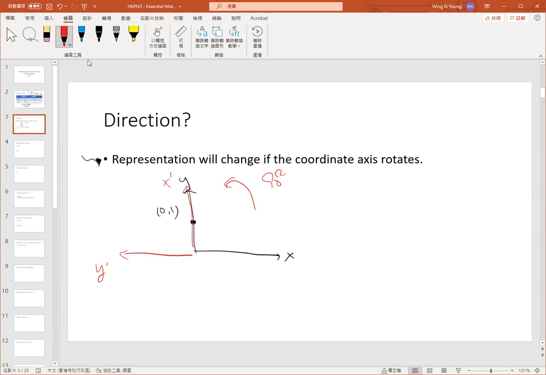So in the red coordinate system, the point is no longer 0, 1. The point will become 1, 0, is it? Because the point lies on the new x-axis. And then you can see the representation of the quantity changes when the coordinate system rotates. Okay, so that's what we mean by direction.